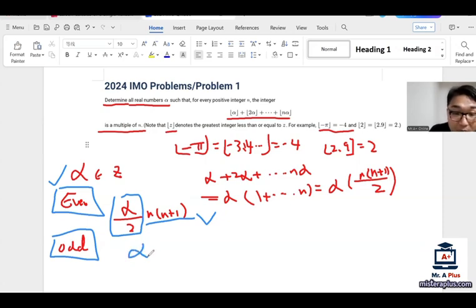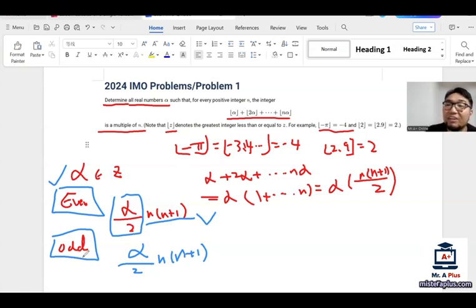Now let's discuss if it's an odd number. Same deal: alpha over 2 times n plus 1. The question wants us to find alpha values that make every single n work, which means if I find one value of n that doesn't work, that solution is not working.